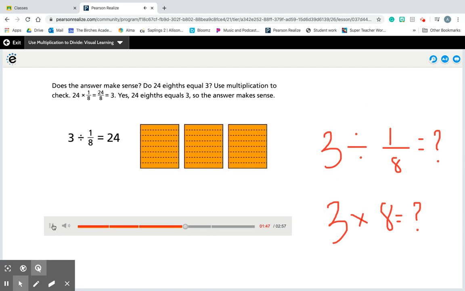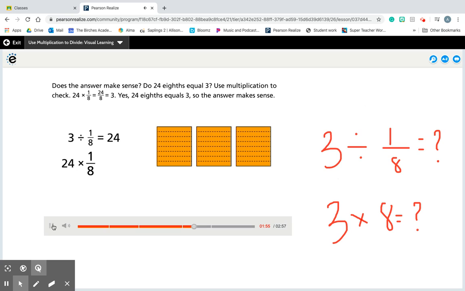Does the answer make sense? Do 24/8ths equal 3? Use multiplication to check. 24 times 1/8 equals 24/8ths equals 3. Yes, 24/8ths equals 3, so the answer makes sense.